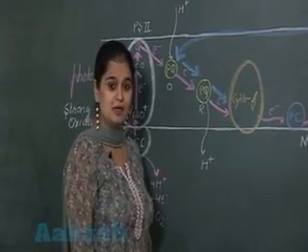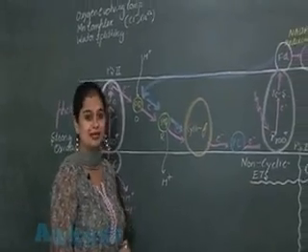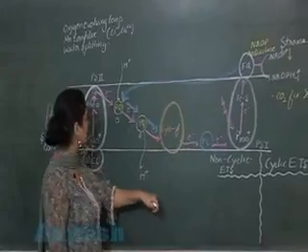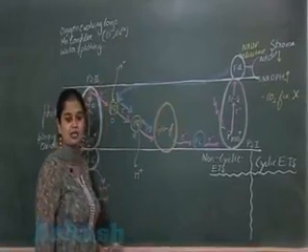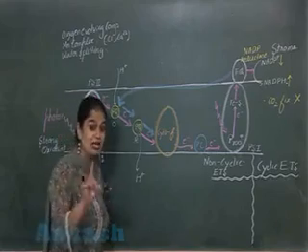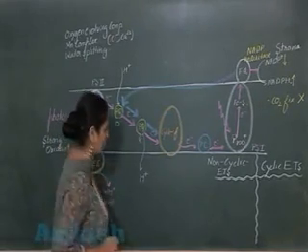It means whether it is cyclic ETS or non-cyclic ETS, along with the electron flow, there is also flow of hydrogen ion. There is pumping of hydrogen ion. This means that this pump will work in both cyclic and non-cyclic.